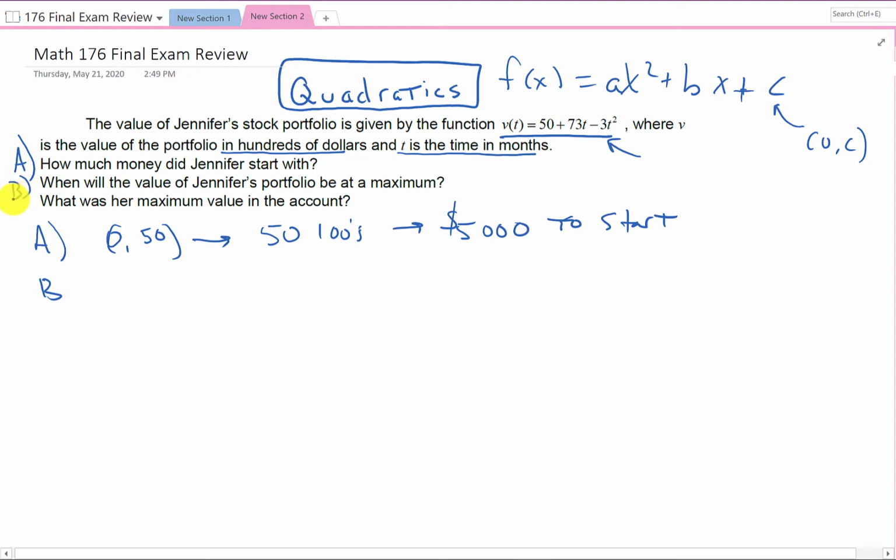Second question here is, when will the value of Jennifer's portfolio be maximum? Now, one thing it's nice to remember here is that we are looking at a quadratic. And because it is in reverse order, the a number is -3.